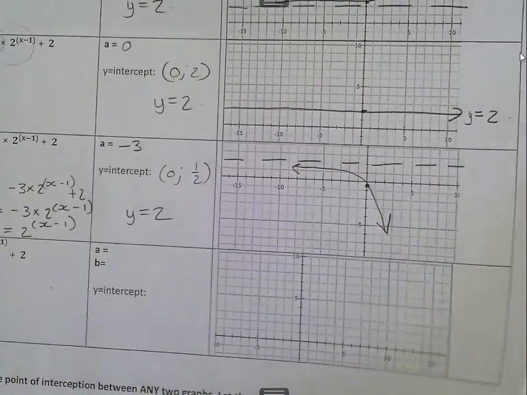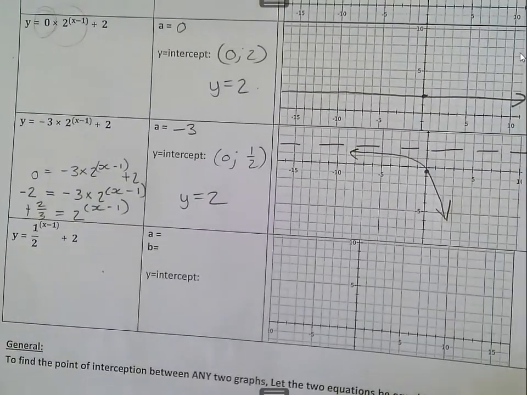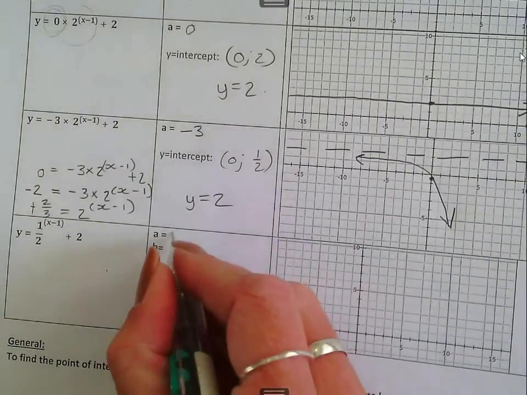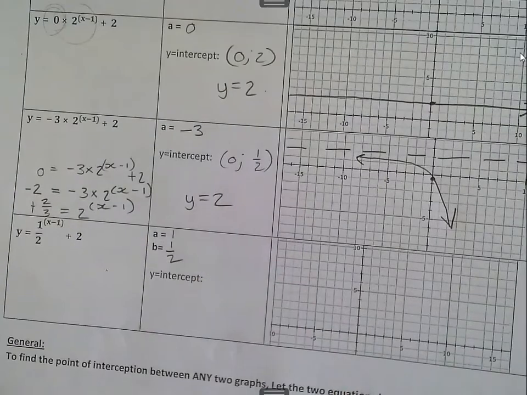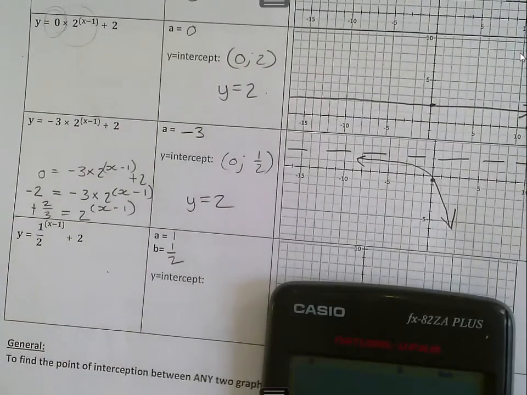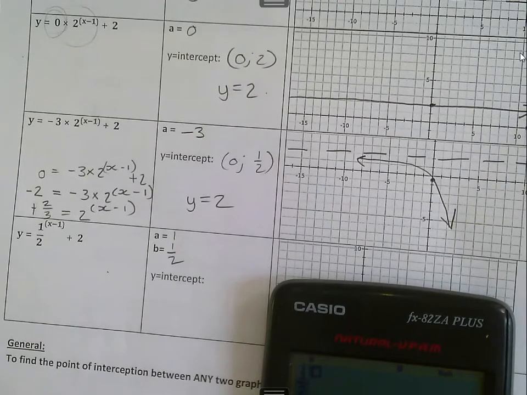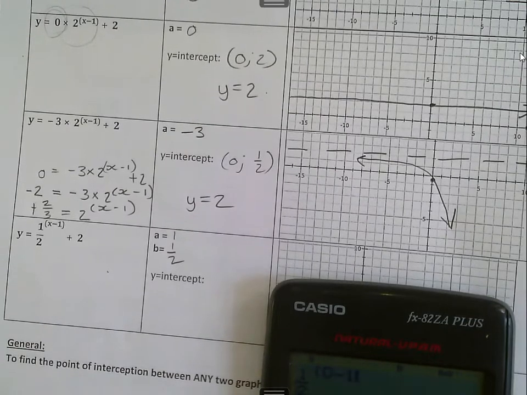Okay, and then the final one. y equals a half to the power of x minus 1, plus 2. What's A? What's B? B is a half. Let's calculate the y-intercept. It's going to be a half to the power of 0 minus 1, plus 2.